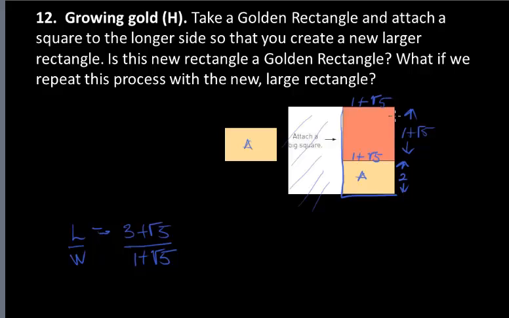Now put that into your calculator and you will get phi. Now we proved this for any golden rectangle. If you add a square to the longest side, you get another golden rectangle. So of course you could repeat the process, getting larger and larger golden rectangles.